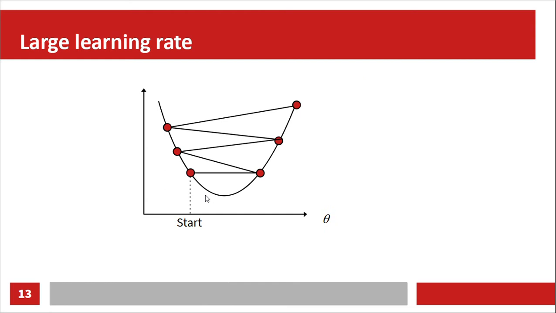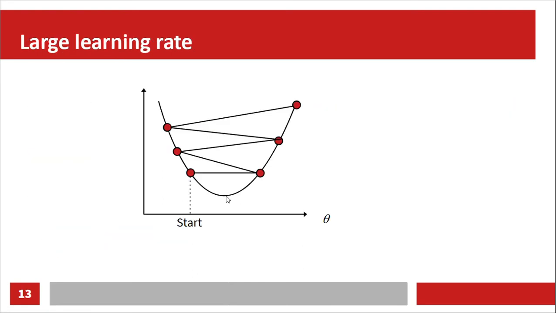On the other side, if we have a large learning rate, assume that you are here close to the minimum value, but the learning rate is high. In this case, you will go back, and you are far away from the minimum value.